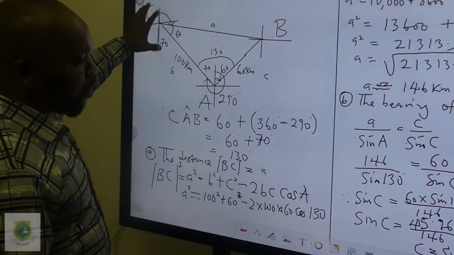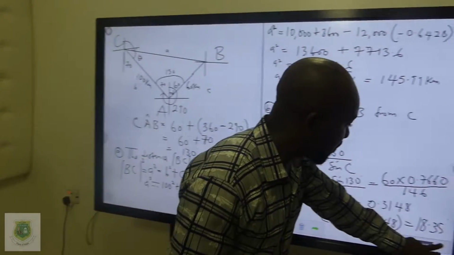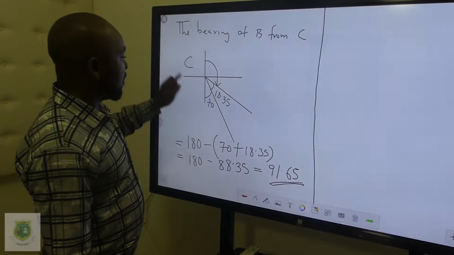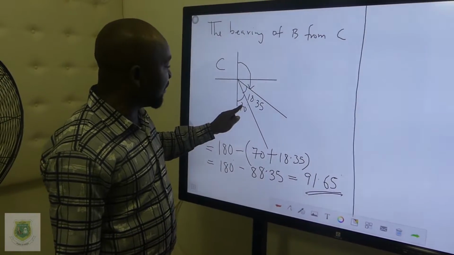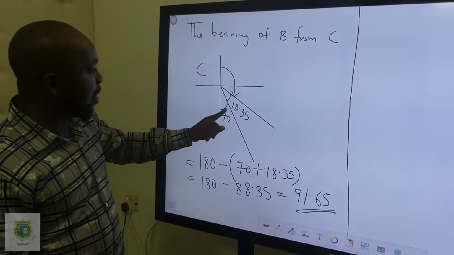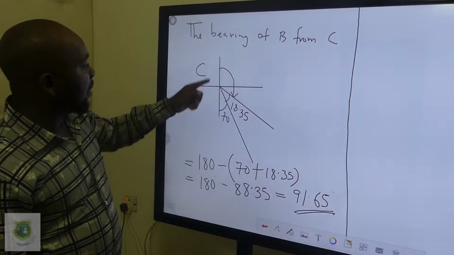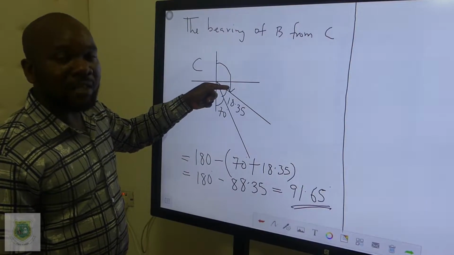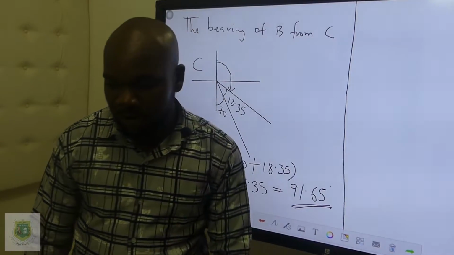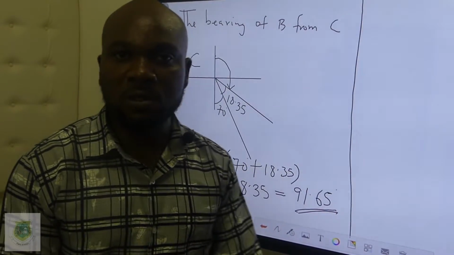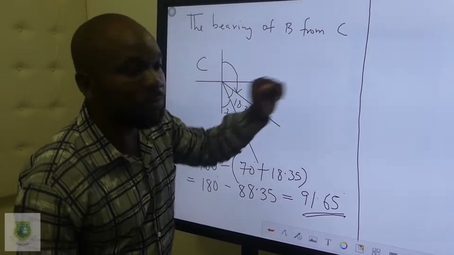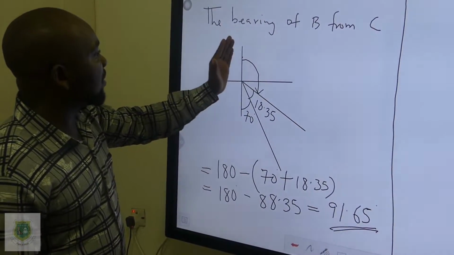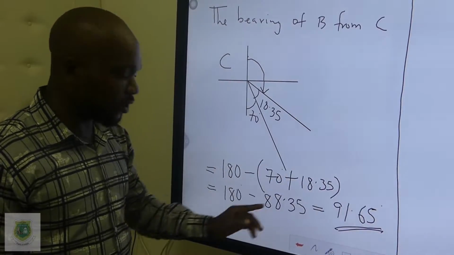Let me pick just these points and look at it here. Since this side is 70 degrees, this is the angle that we have gotten. Then we are now looking from here to here. That is the angle the person will turn before the person will move straight from town C to town B. Remember that this is half of a circle, which is 180.